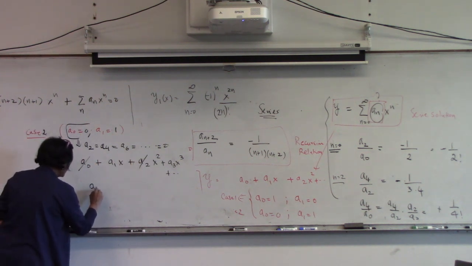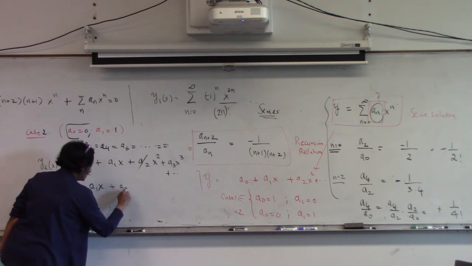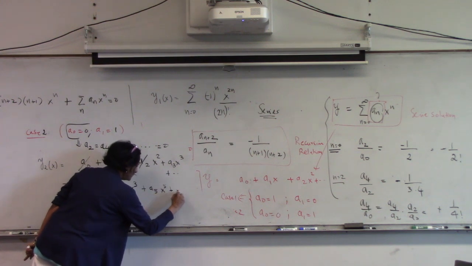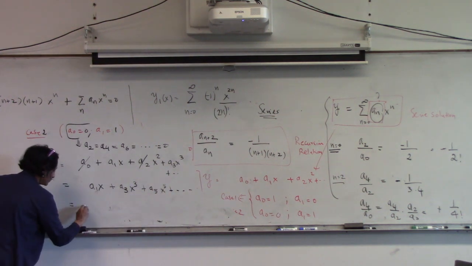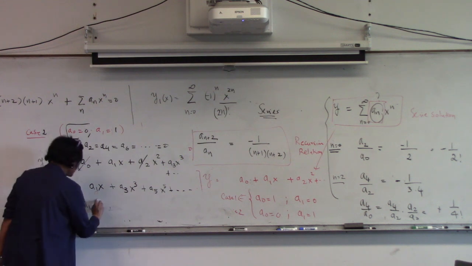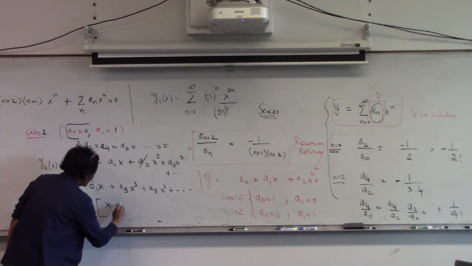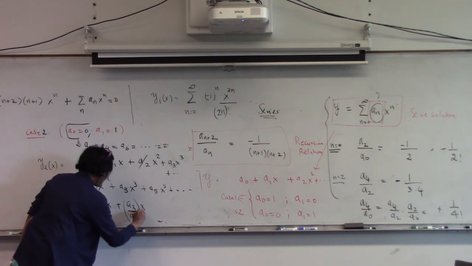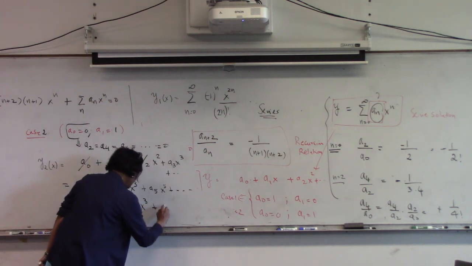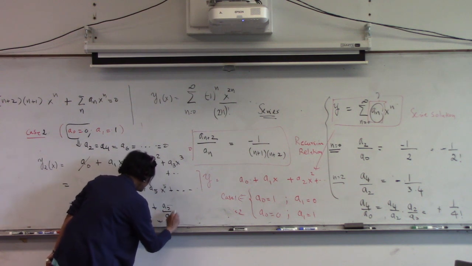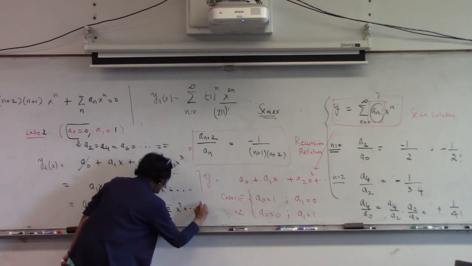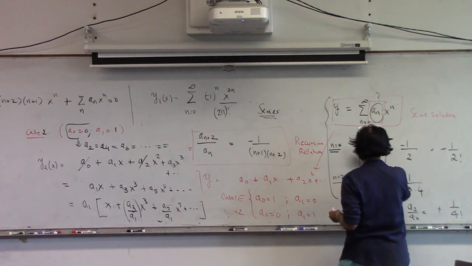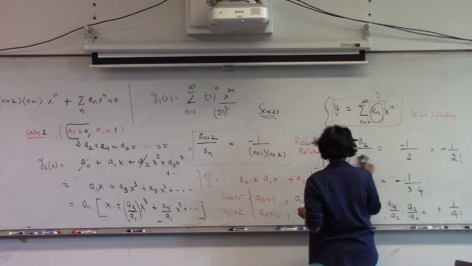So I have the leading term A1 x, A3 x cubed, A5 x to the power 5, and so on and so forth. That's an infinite series. I'm going to now pull out A1 in this case, because the coefficients that I can get from the recursion relations are ratios of these terms, right? Alright, so we go back here.